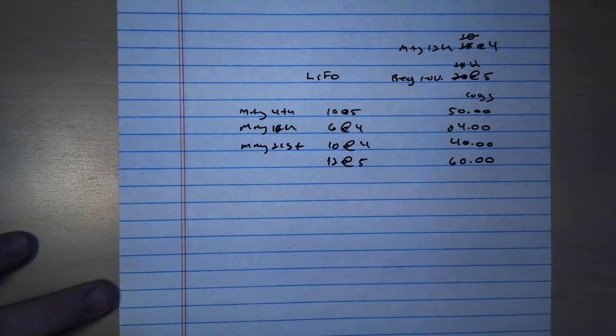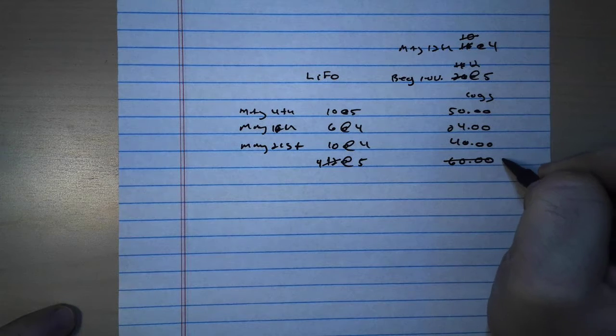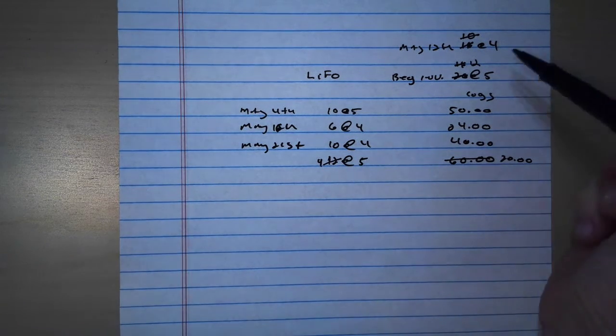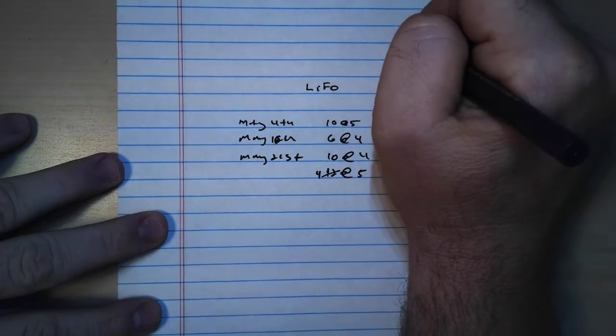I'm sorry, I did that wrong. We should have only used 4 at 5, and that should be $20. My fault. This is okay up here because we only got rid of 4. So 4 at 5, $20. Good. Going on to the next one, we purchased on May 25th.